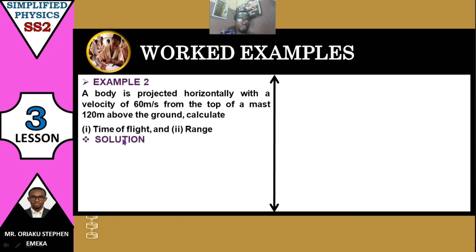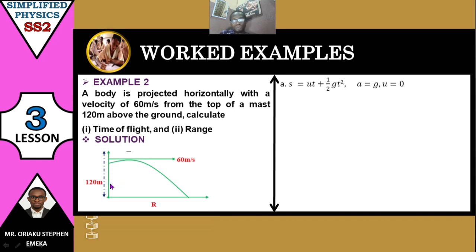So, solution. This is the diagram to represent what we're talking about. Using our formulas, we have already done that before. So 120 is equal to half times 10 times t squared. Please make sure you don't make the mistake of using u as 60, because 60 meters per second is horizontal velocity, not vertical velocity.